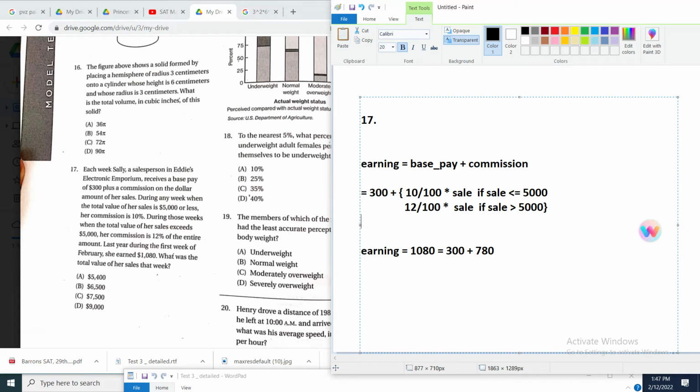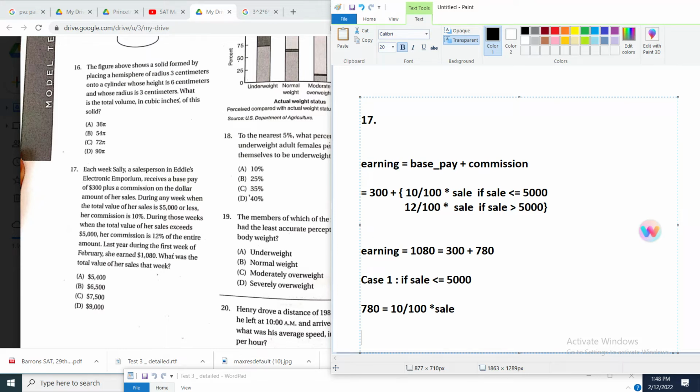Okay, so now case 1: if sale is less or equal to $5,000. Then we know that $780 is 10% of sale, because that's the formula that they are giving us for the case that sale is less than $5,000.